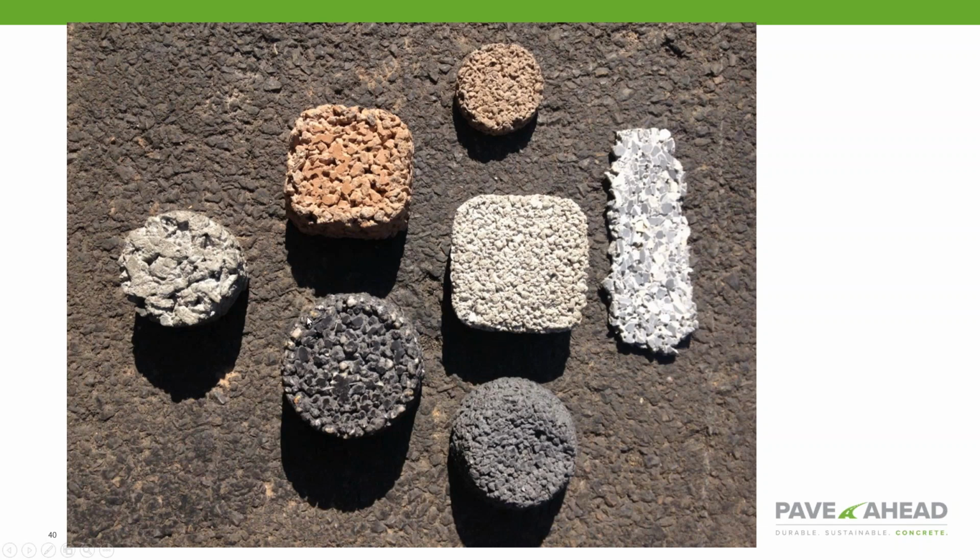They all have the exact same porosity. All of these mixes have 20% porosity, but they have much different permeabilities because of the size of the aggregates. Large aggregate, large rocks, large holes, water goes through much quicker. Small aggregate, small holes, water goes through much slower. They all drain at different rates.